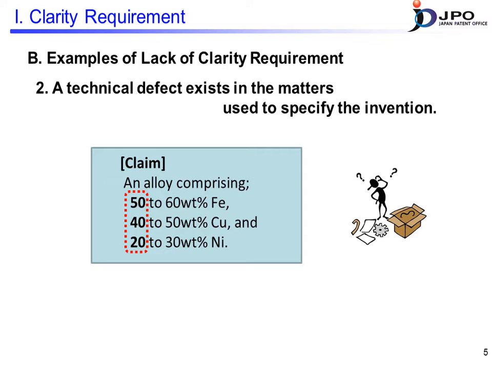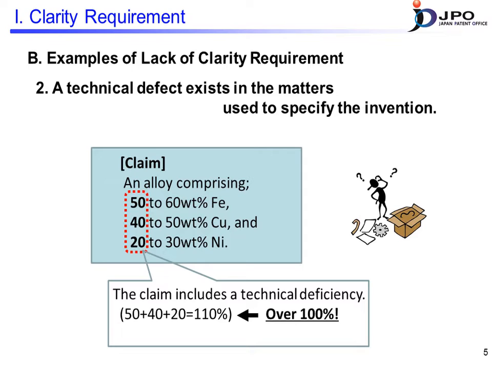However, in order to fulfill the third condition, at least 20% of the alloy must be nickel. Therefore, if an alloy fulfills both the first and second conditions, the alloy cannot fulfill the third condition. In short, no alloy meets all 3 conditions specified in the claim. This type of claim is technically defective and therefore unclear.